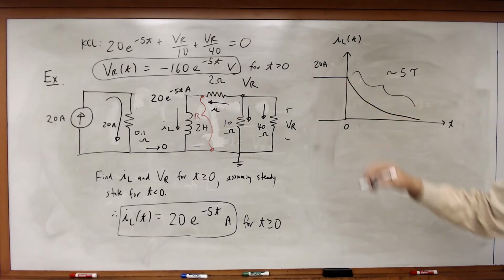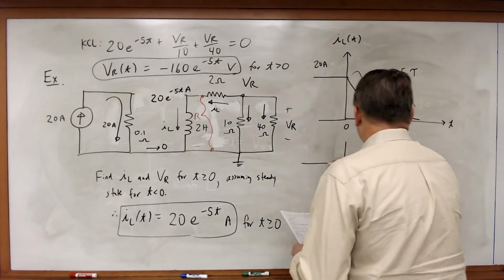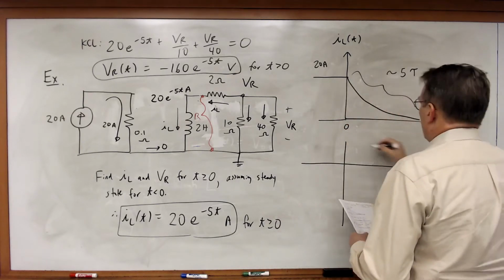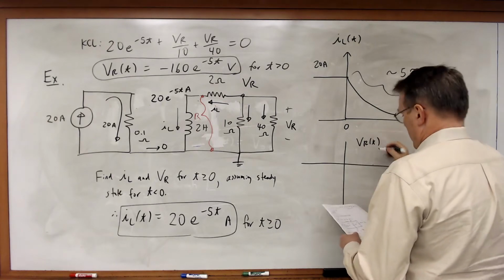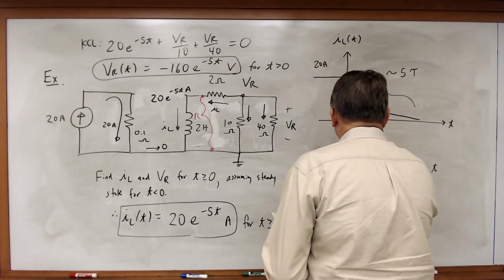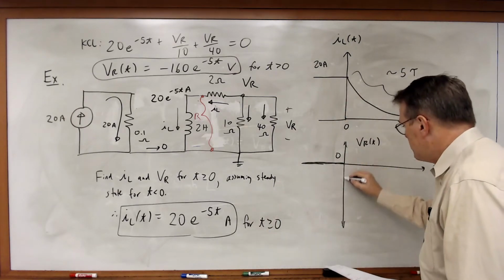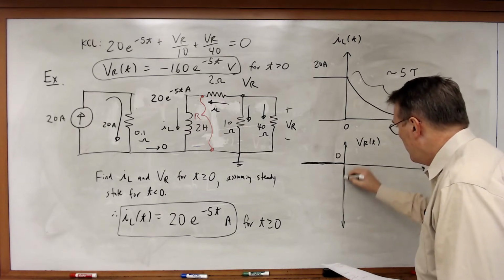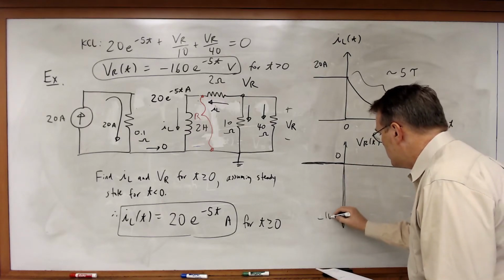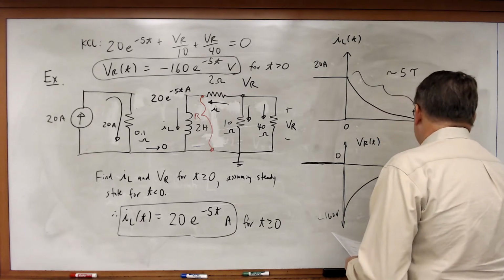For my VR, I'll get this. I'll get a value that was equal to 0 for t less than 0, and then suddenly spikes down to minus 160 volts, and then once again decays away in 5 tau.